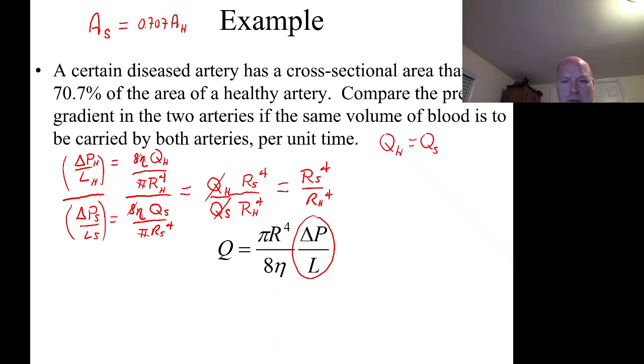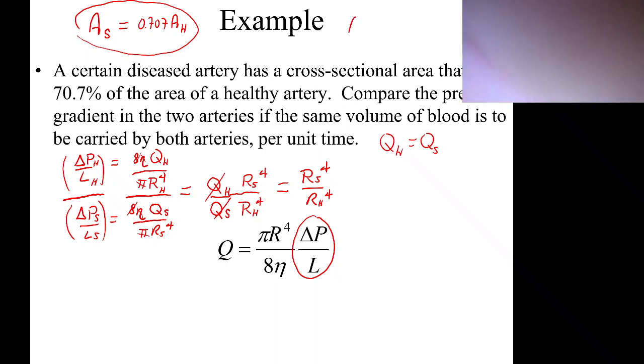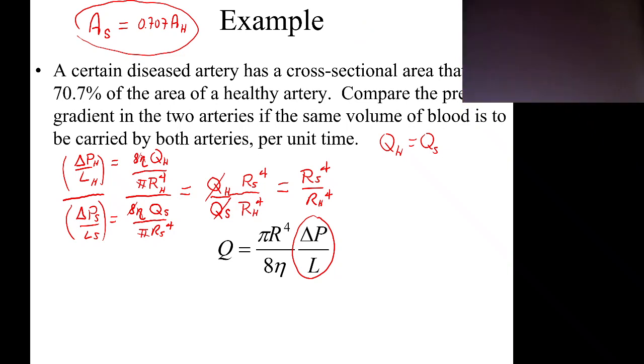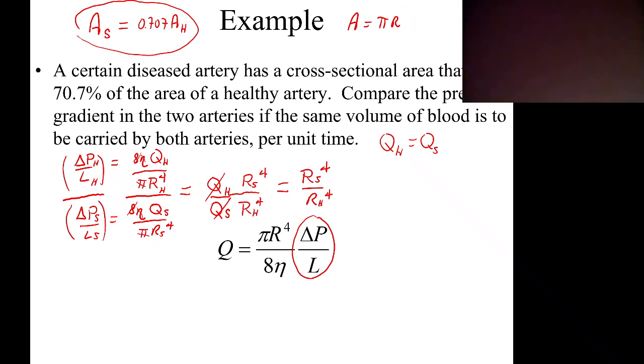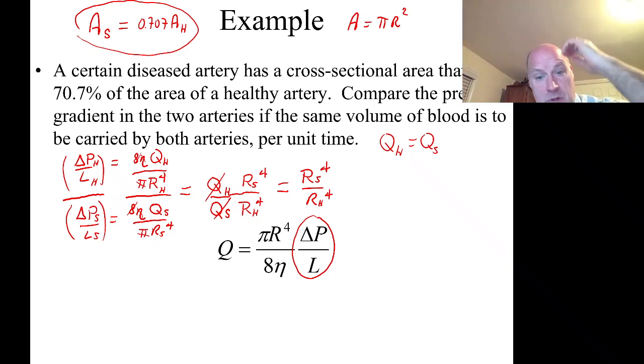So how are we going to, this is where you have to realize they gave us the ratio of the areas. So they gave us area sick. What are we going to do? Well, what if we do this? What if we realize that area is equal to pi r squared, right? Area is equal to pi r squared.